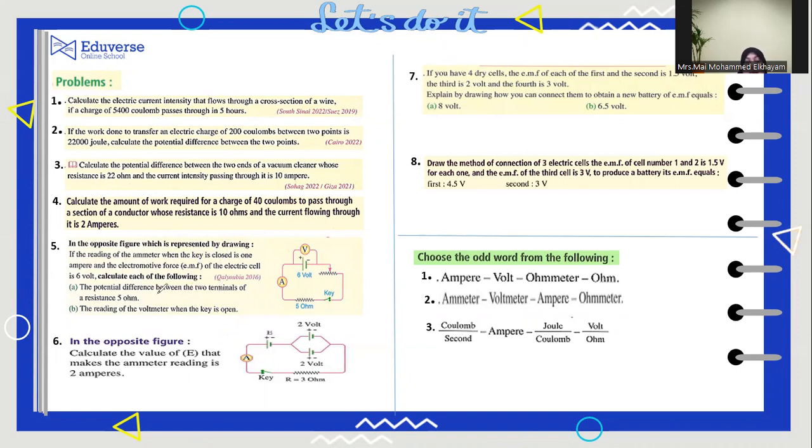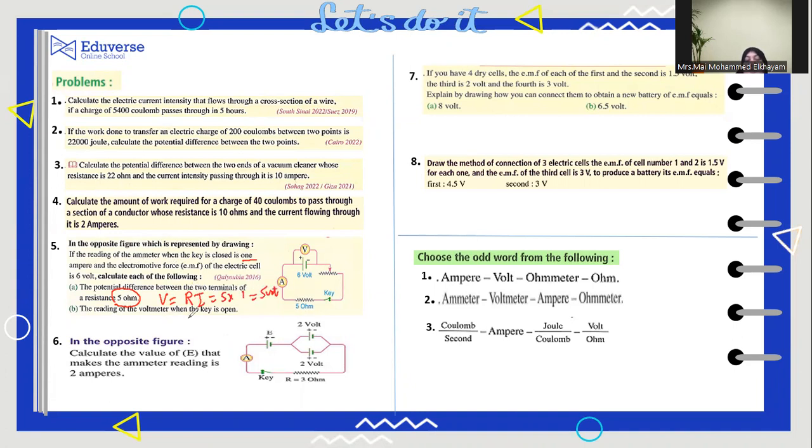When the circuit is closed, some of the electrons will move, okay? Therefore, the potential difference will differ. I have 5 ohm as a resistance, and 1 ampere. So the potential difference equals R I equals 5 multiply 1 equals 5 volt.